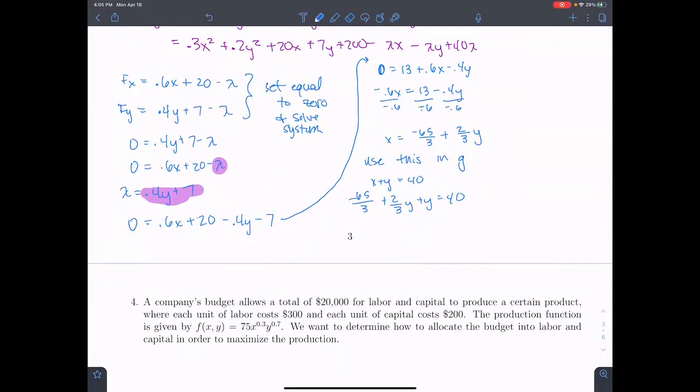This is going to make life easier. So negative 65 plus 2y plus 3y equals 120. So that's 185. 2y plus 3y is 5y, so 5y is 185. So y is 37.